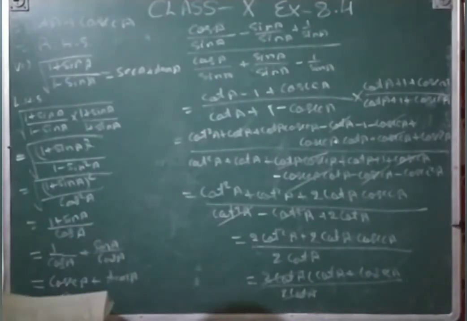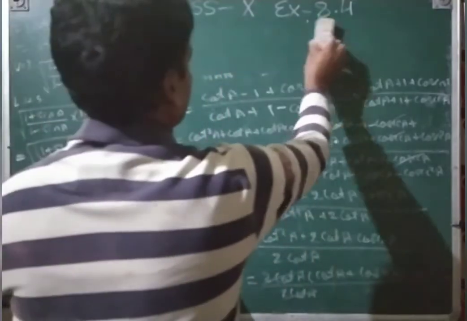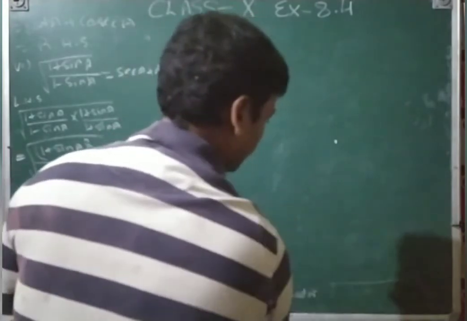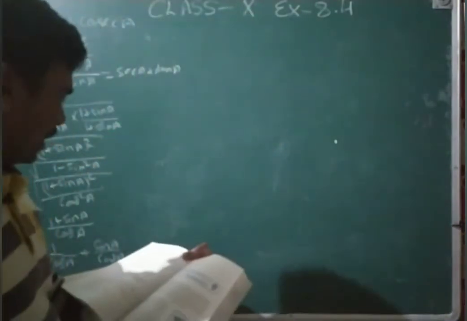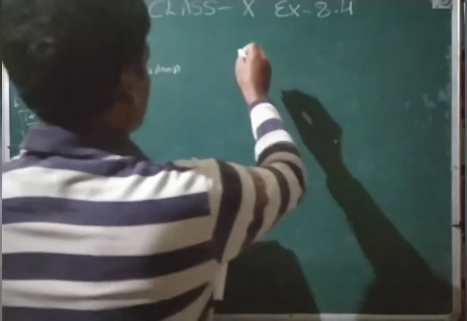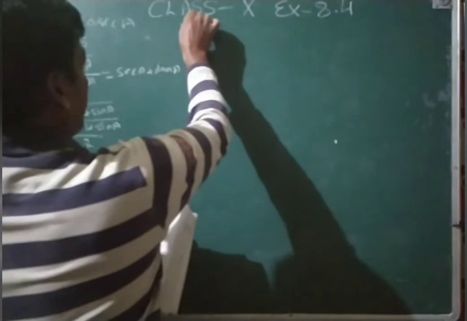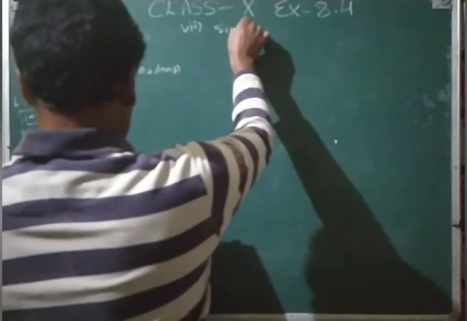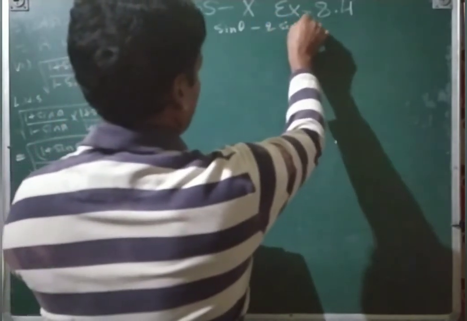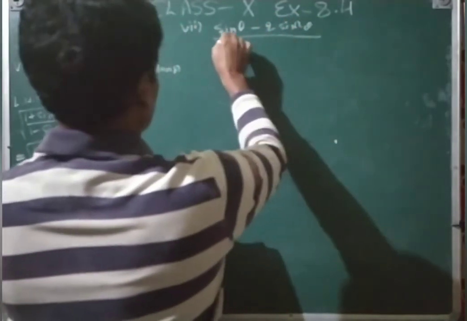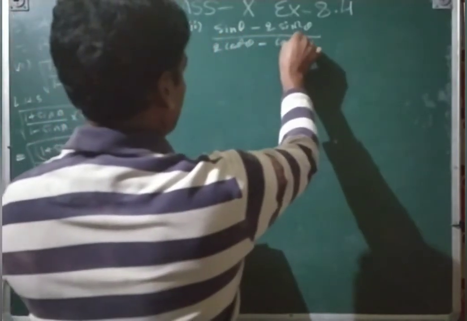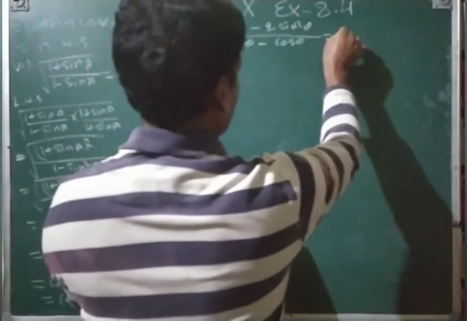Next, the seventh part is that (sin theta minus 2 sin cube theta) upon (2 cos cube theta minus cos theta) is equal to tan theta.